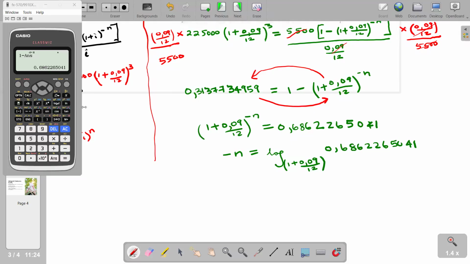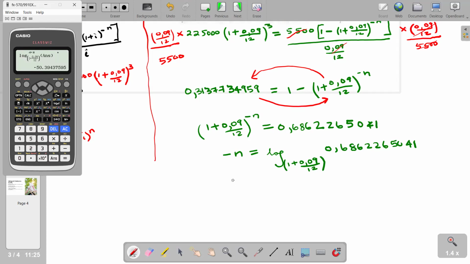Just take log, our base there. It's going to be 1 plus 0.09 divided by 12. That's our base there. Then what are we going to have there? This is what we are getting, minus 50 point.